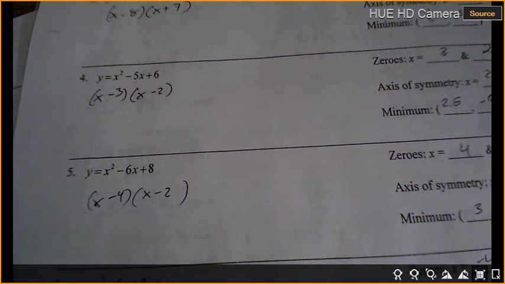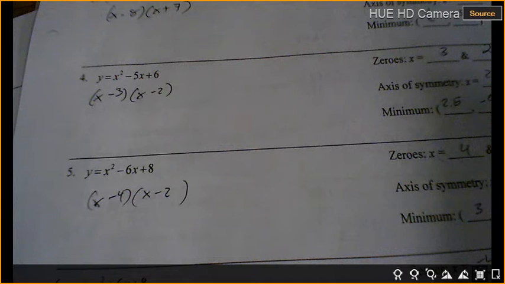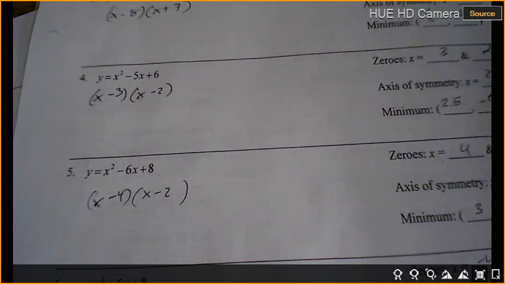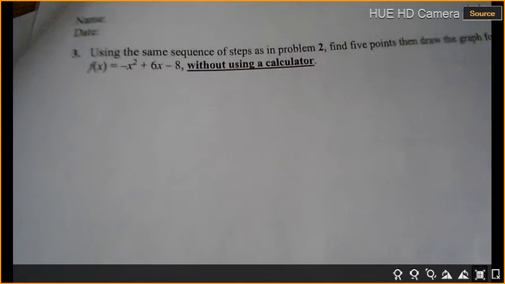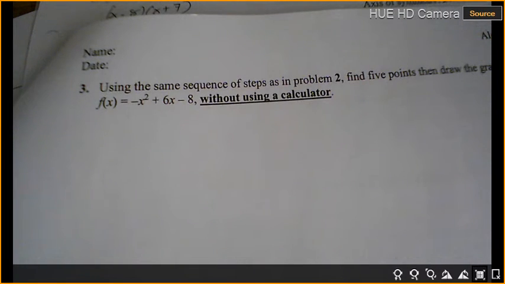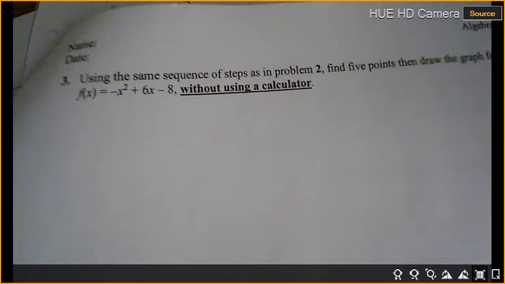Okay. So we are going to go ahead and talk about the graphing problem. I'm going to do number 3, and you guys are going to do number 2. So we're going to graph this without a calculator. Okay?